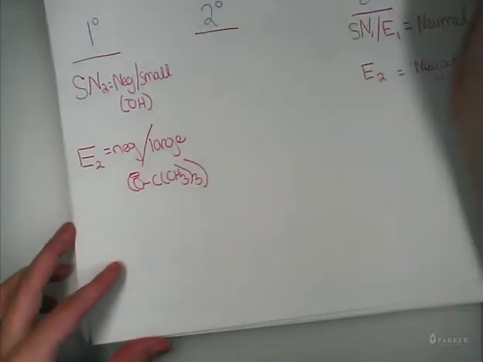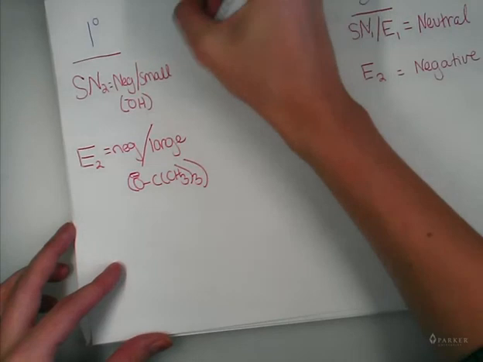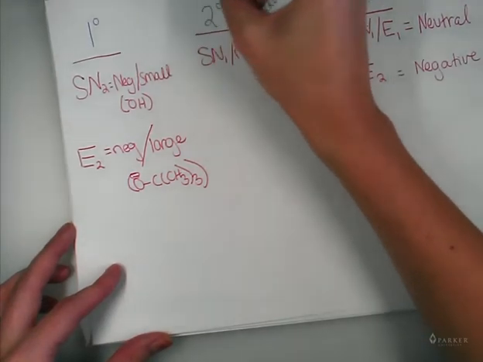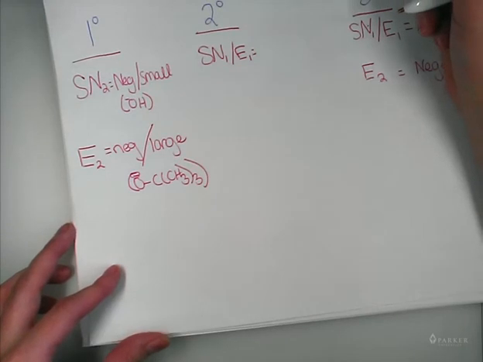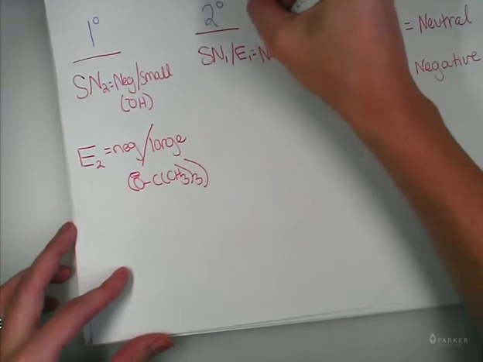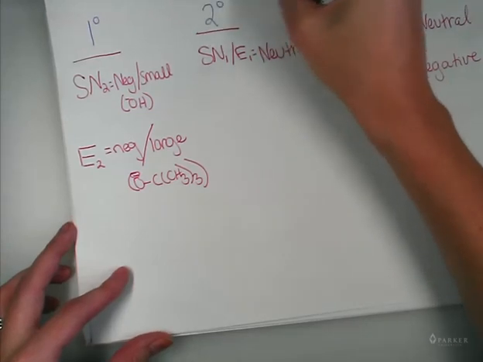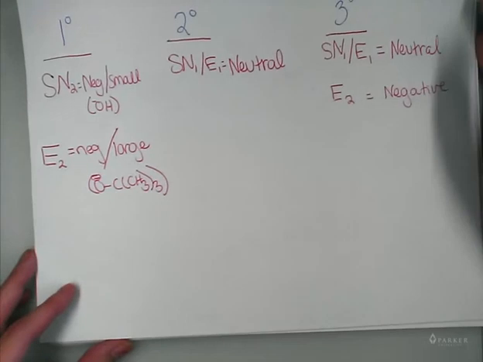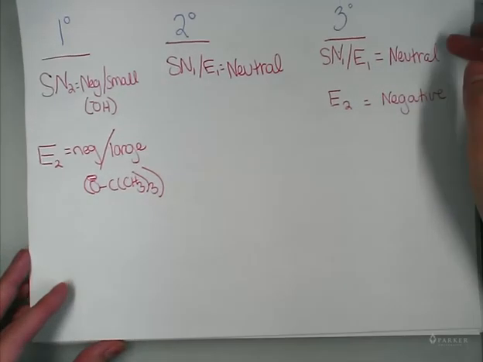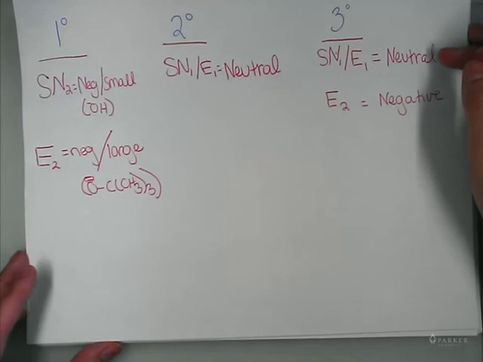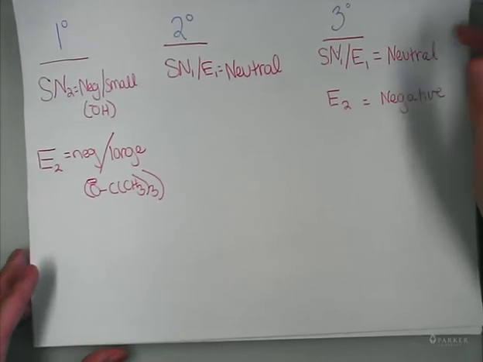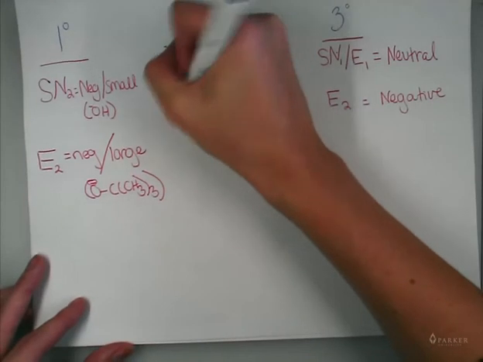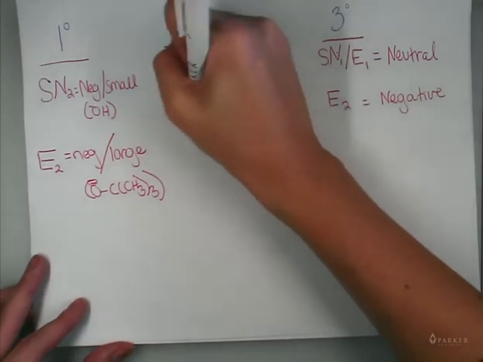Okay, now let's look at secondary. Now if I have SN1, E1, what charge do I want there? Neutral, right? What if I wanted only E2?